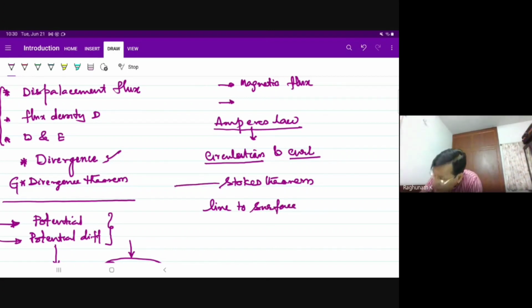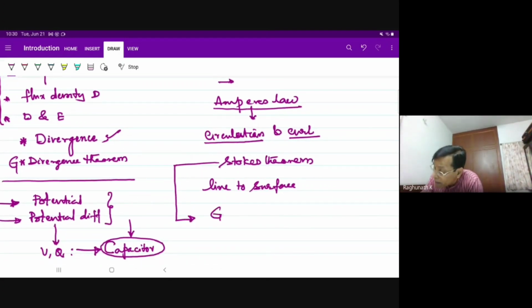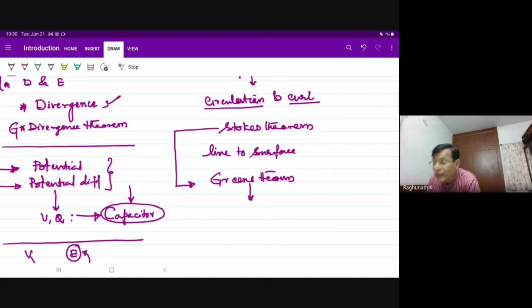Using Stokes' theorem as a special case, we develop something called Green's theorem. These are all there in the mathematics part of it. Green's theorem I will use as the basis for starting complex integration. Without looking at Green's theorem, I will not get into complex integration.